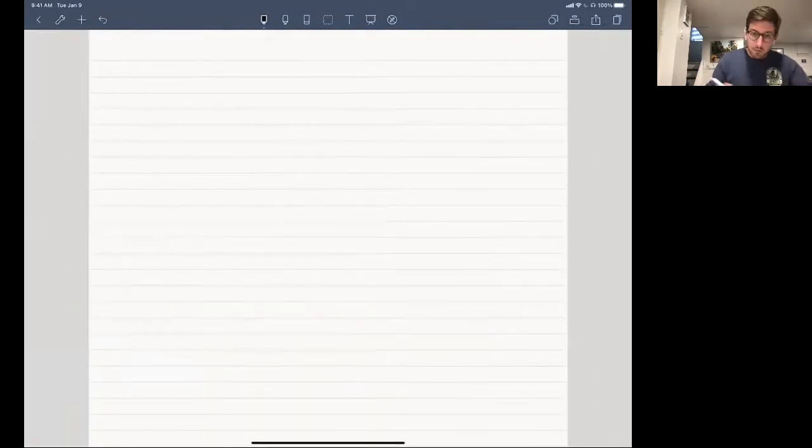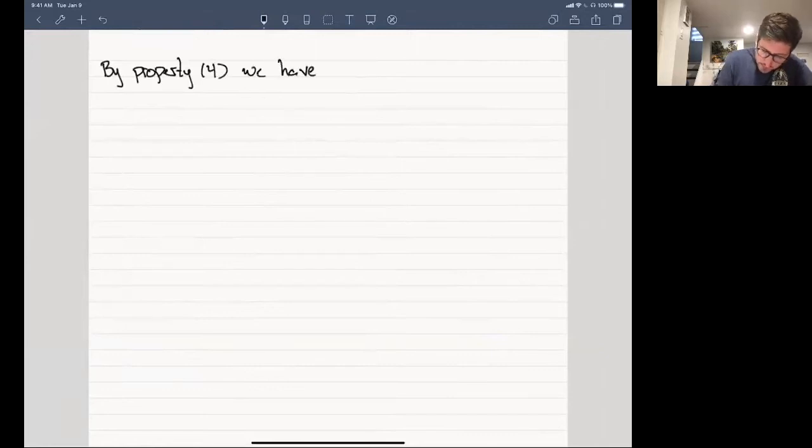Well, we're going to use property 4, and we're going to say by property 4, if we take increasing values of x, so let's take powers of 2. So 2, 4, 8, 16, 32, 64, 128, right? We just keep taking, we just double and we get bigger and bigger and bigger values. Well, this thing is equal to n times ln of 2, right? So I use property 4 right there to compute that.